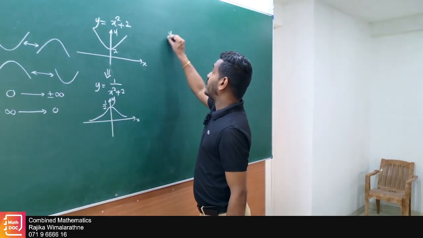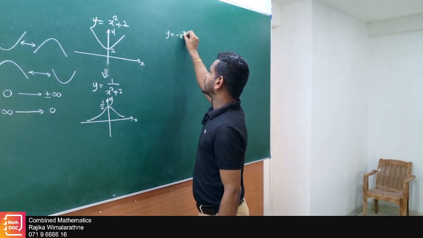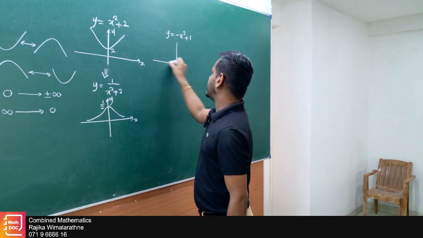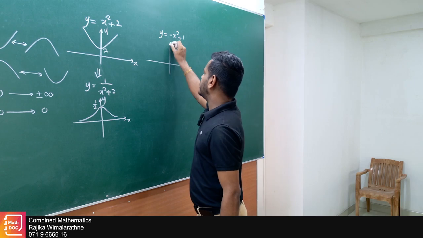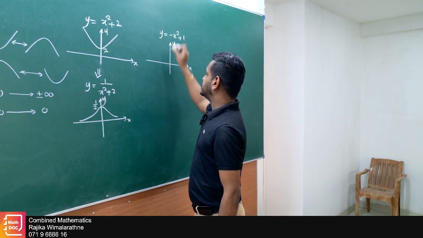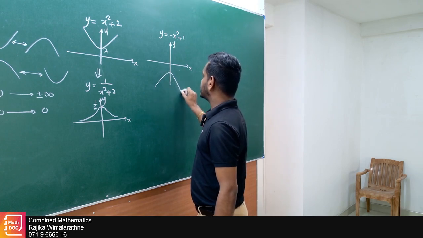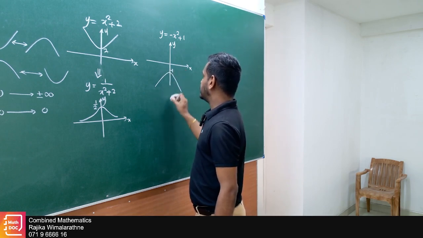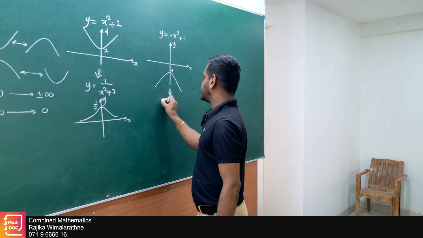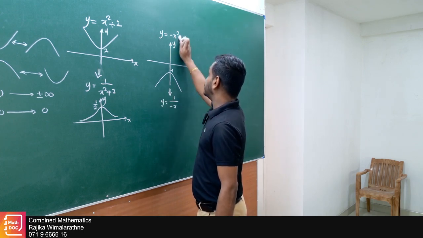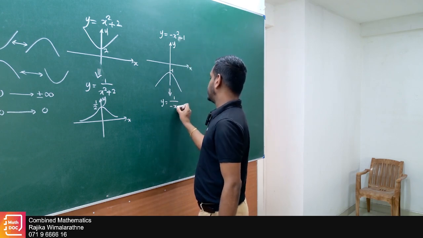Now you go to y equals minus x squared minus 1. Here x-axis, here y-axis. Minus x squared means maximum shape. Then the vertex is at minus 1. When we get reciprocal, that is y equals 1 over minus x squared minus 1.